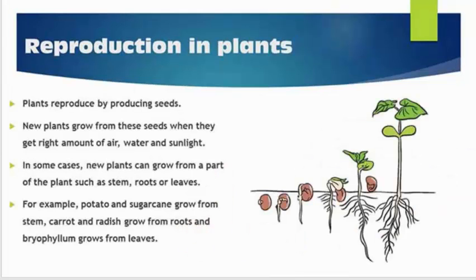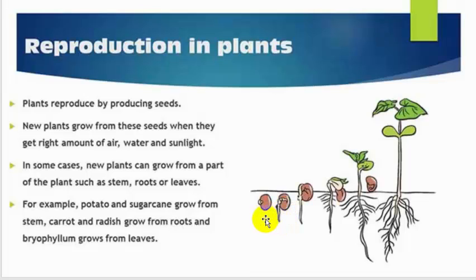Now, reproduction in plants. Plants reproduce by producing seeds. New plants grow from these seeds when they get the right amount of air, water and sunlight.